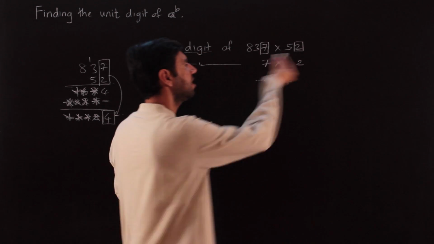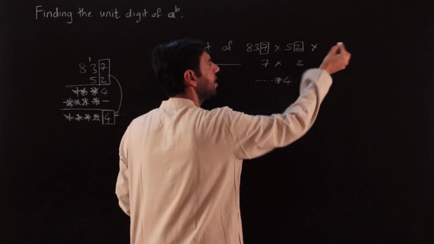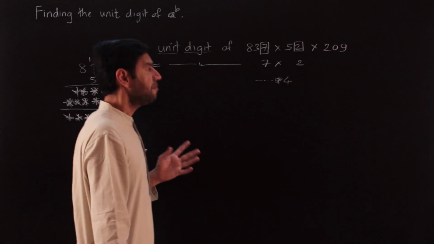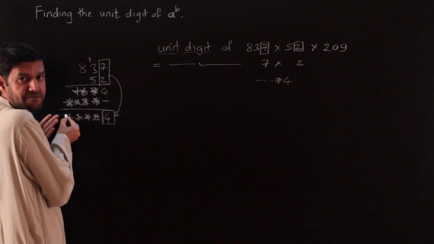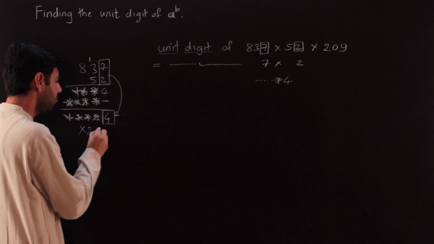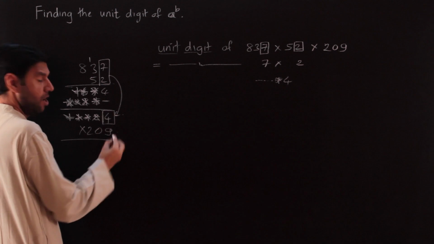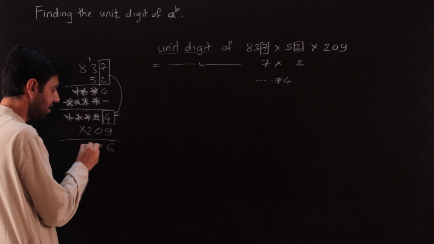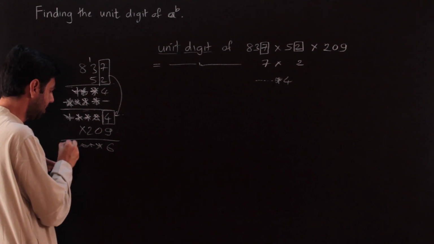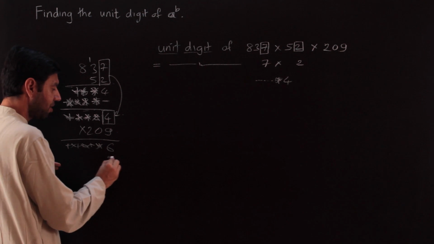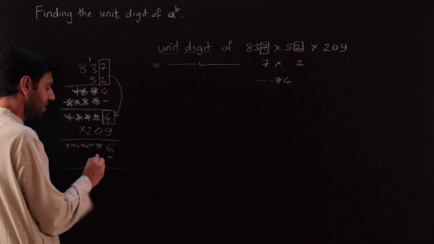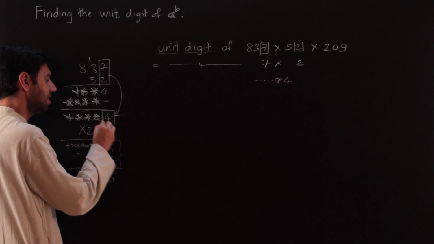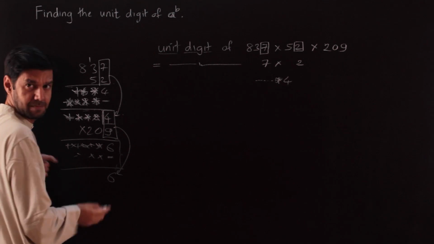And this is not just limited to 2 of them. Let's say I wanted to multiply this further by 209. Now, I don't have this number, but it doesn't bother me. I have to multiply with the 209. 9 fours are 36, and then I don't know these numbers. They will result in some values which I am unaware of. I'll put a dash out here, and then the rest of the numbers. When I add them up, this unit digit is just going to be 6.